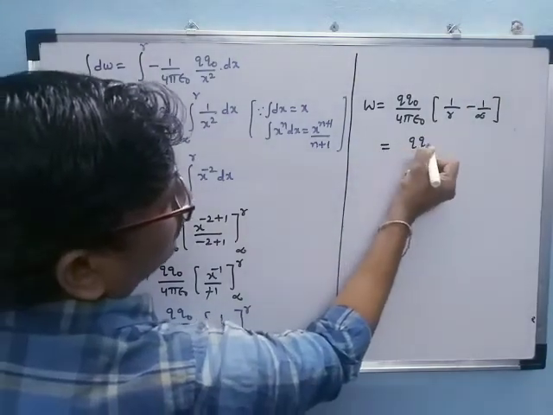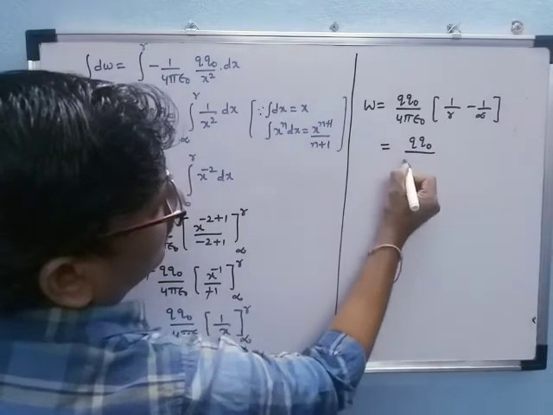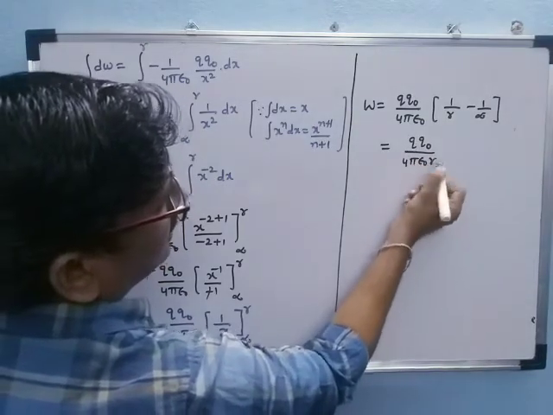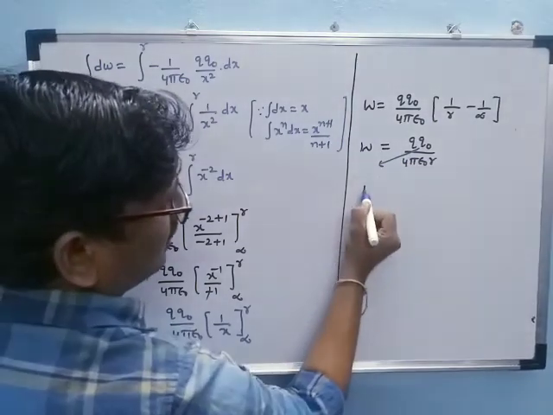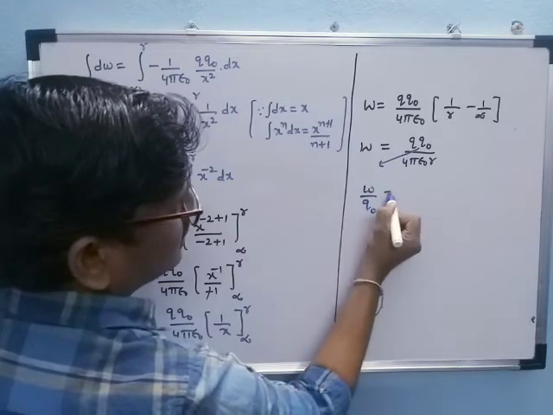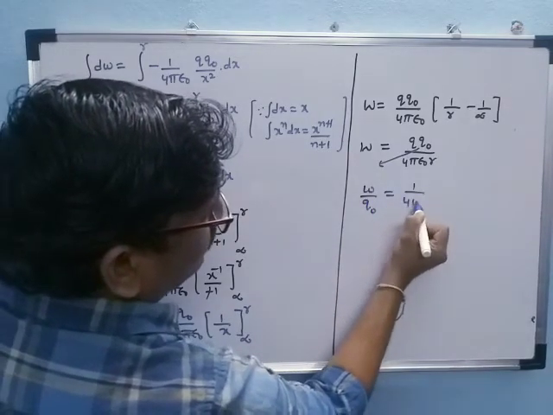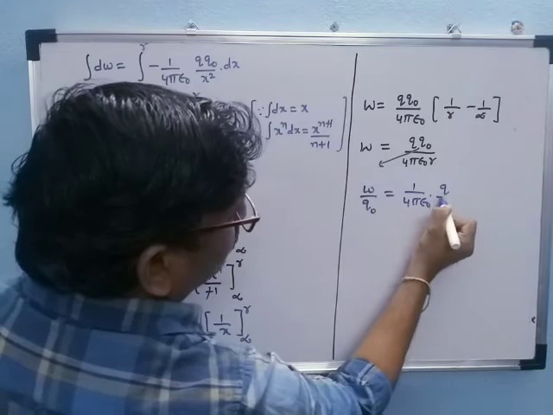W is equal to q naught q by 4 pi epsilon naught into r. Only this q naught is taken to this side. So W by q naught is equal to 1 by 4 pi epsilon naught into q by r.